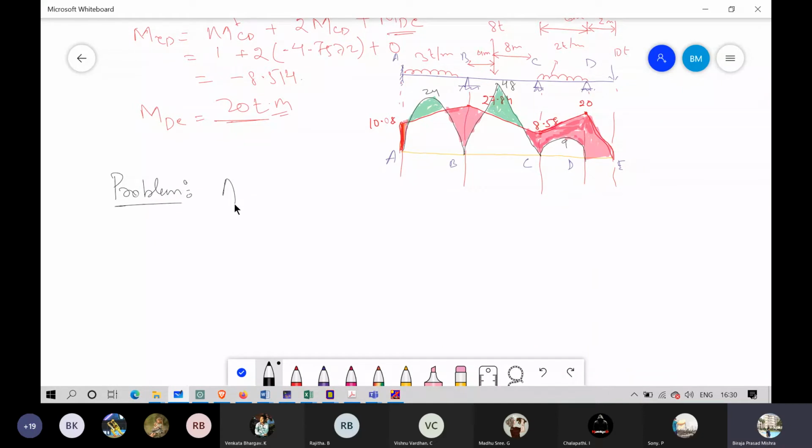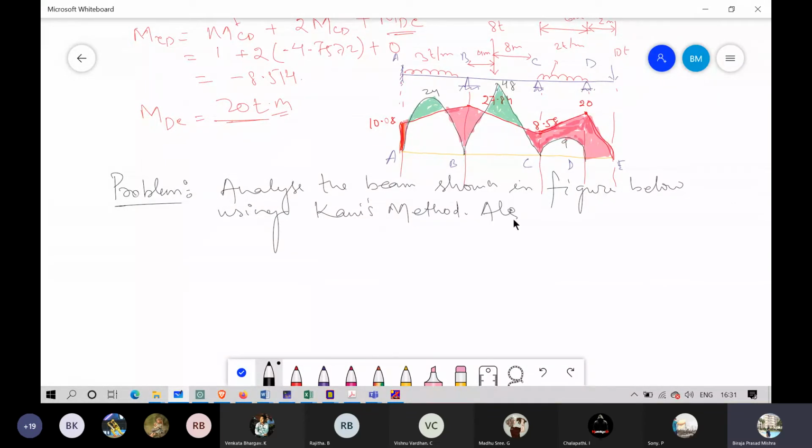Analyze the beam shown in the figure below using Kani's method.